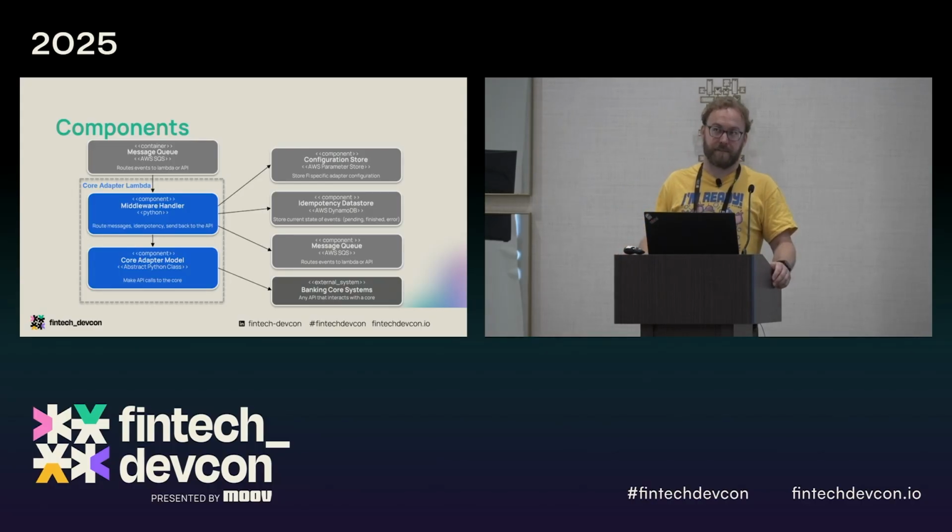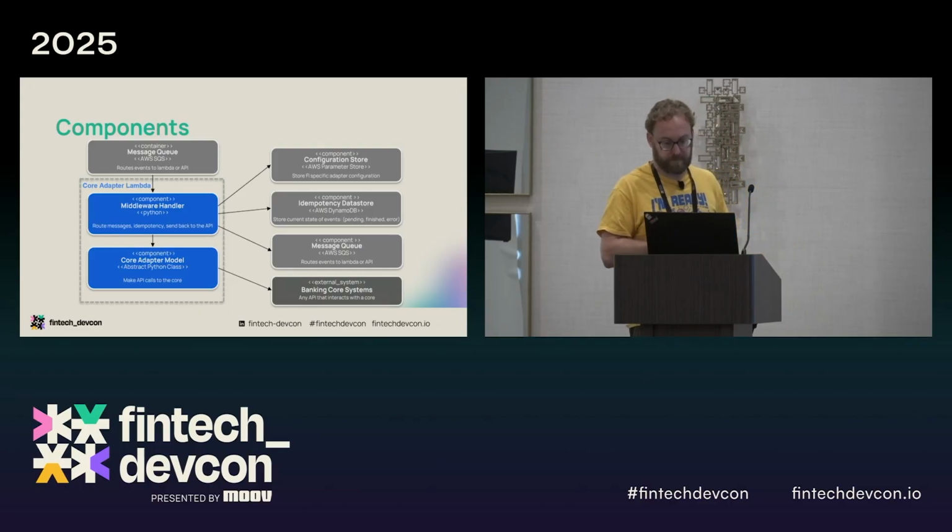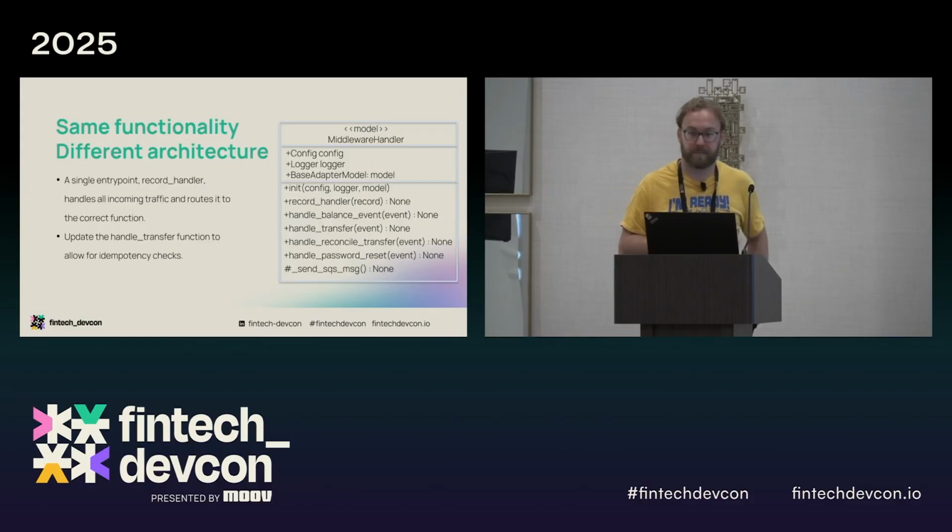Okay, so I think the question is, how do we do idempotency if the core isn't returning a unique transaction ID? You mentioned you added another method later to check the data that the core had, but now the caller in your interface has to understand whether this implementation requires you to use something extra or not. Okay.